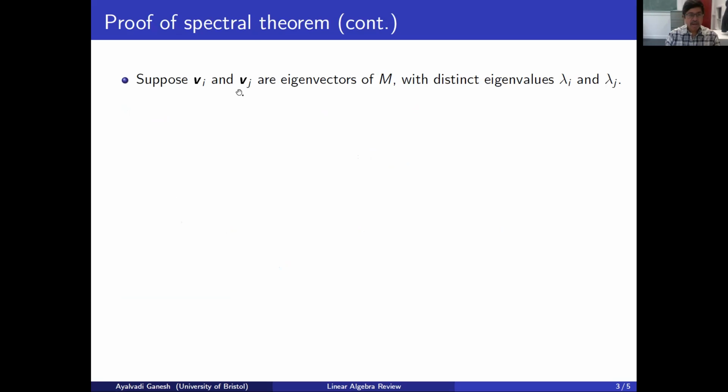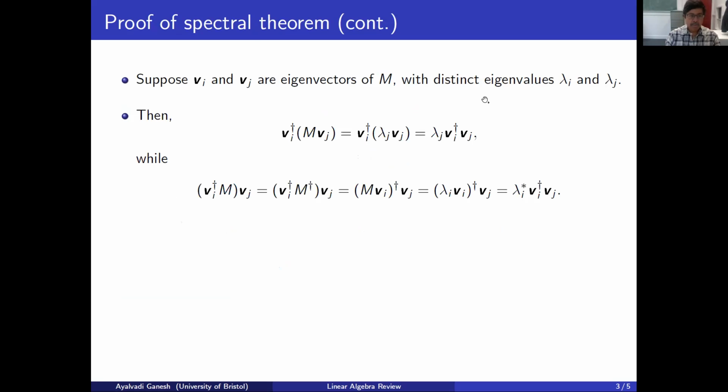Say Vi and Vj are eigenvectors of the matrix M corresponding to distinct eigenvalues lambda i and lambda j. We are going to do the same sort of calculation. We take the matrix product Vi dagger M Vj. That's a row vector times a matrix times a column vector, which gives us a scalar. And we evaluate this in two ways.